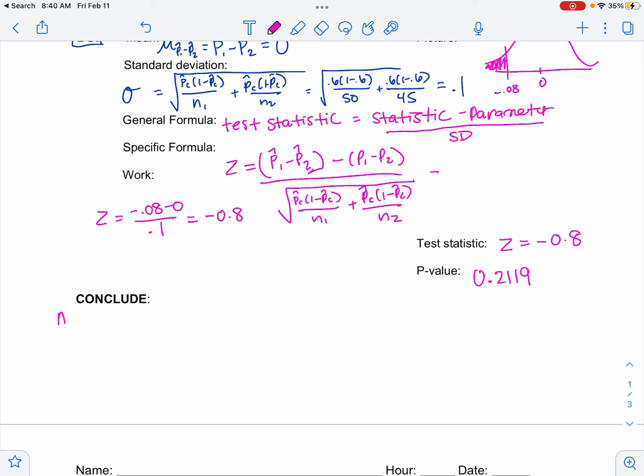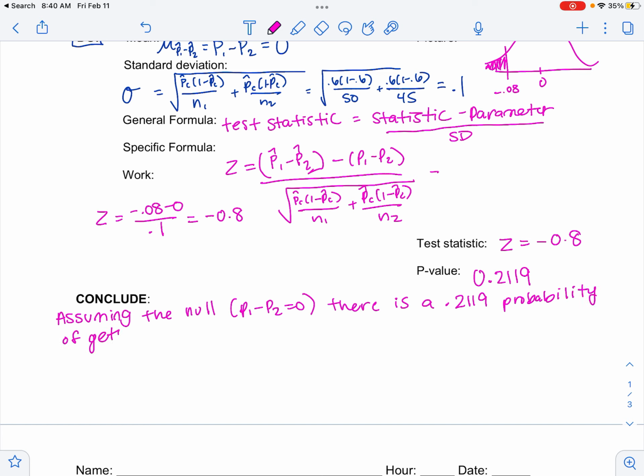Starting with the interpretation of p: assuming the null, which is that p1 minus p2 equals 0, there is a 0.2119 probability of getting p hat 1 minus p hat 2 equal to negative 0.08 or lower, the direction we shaded, purely by chance.